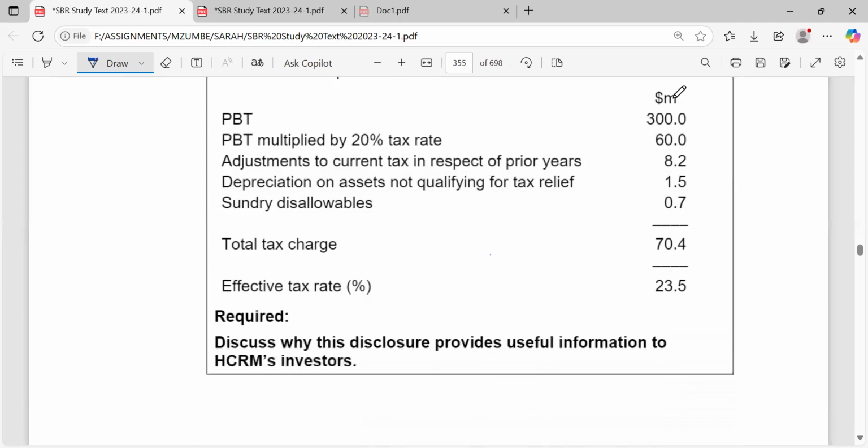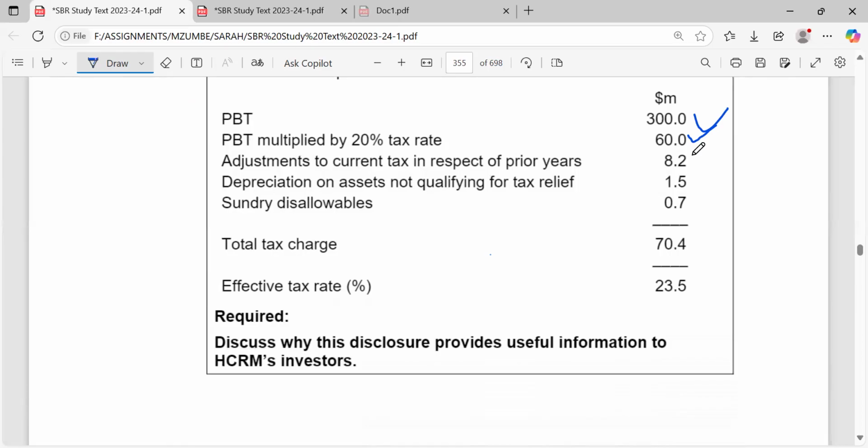Okay, you have the profit before tax at 300. Profit before tax, you multiply by the tax rate, which was 20%. Total 20% times 300, you have 60 there. Adjustment to current tax in respect of prior years. Okay, we call this over or under provision of taxes, right?